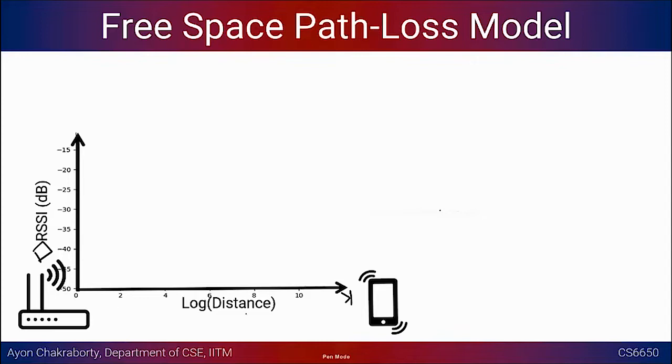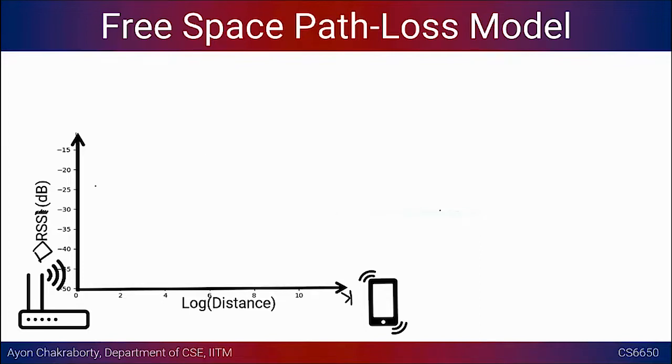Normally we just take simply distance, and there is this RSSI, which is the received signal strength indicator. I would prefer to use the term RSS, which is received signal strength. Indicator is basically a mapping of the received signal strength, let's say from 0 to 10, or 0 to 100.